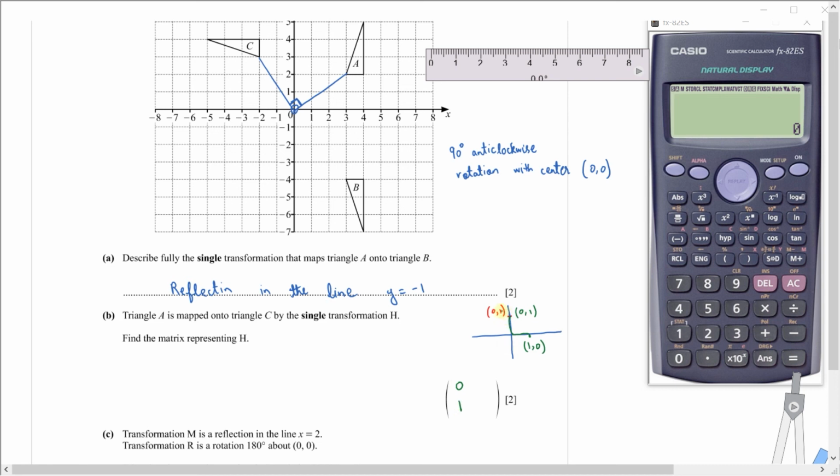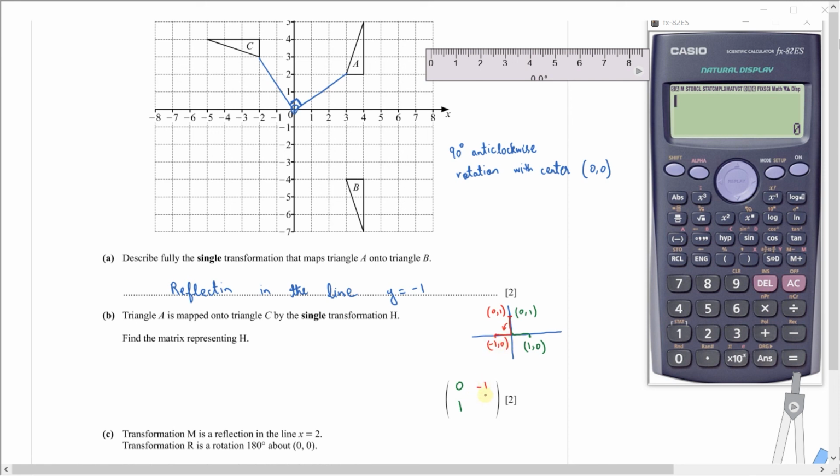And then if I apply this same transformation, 90-degree anti-clockwise with center 0, 0, to this point, which is 0, 1, if I connect this with the center, 90-degree anti-clockwise will move this point to this point, which is -1 and 0.